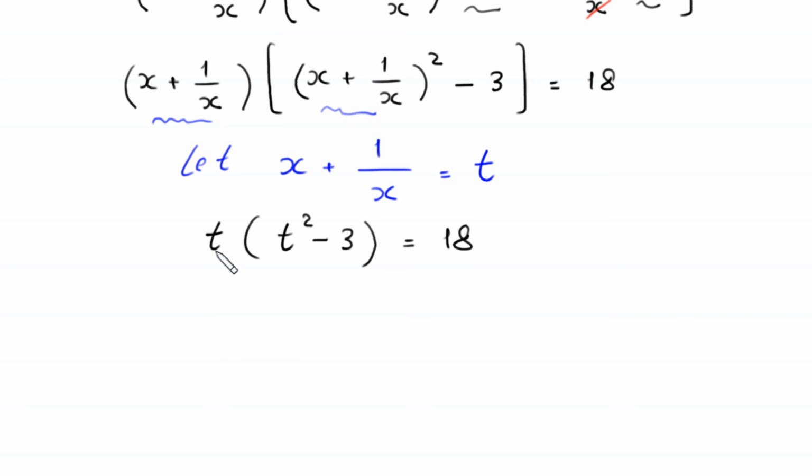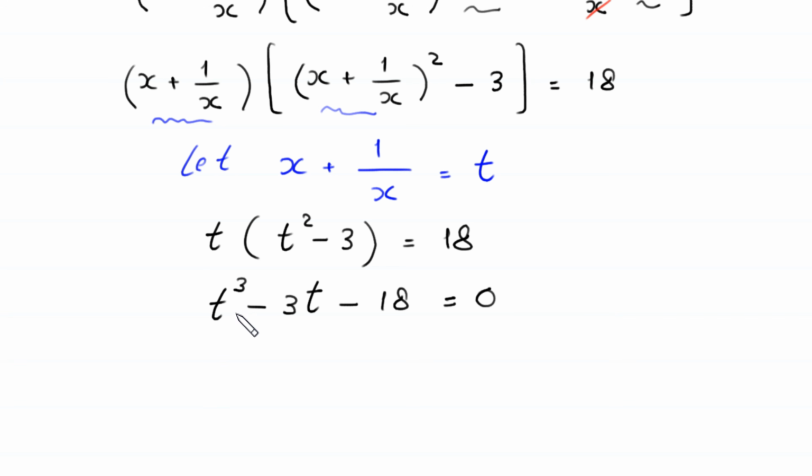We multiply this t by this t squared, this will become t cubed, and t times this negative 3 will become negative 3 times t. We move this 18 to the left hand side, this will become negative 18 is equal to 0.